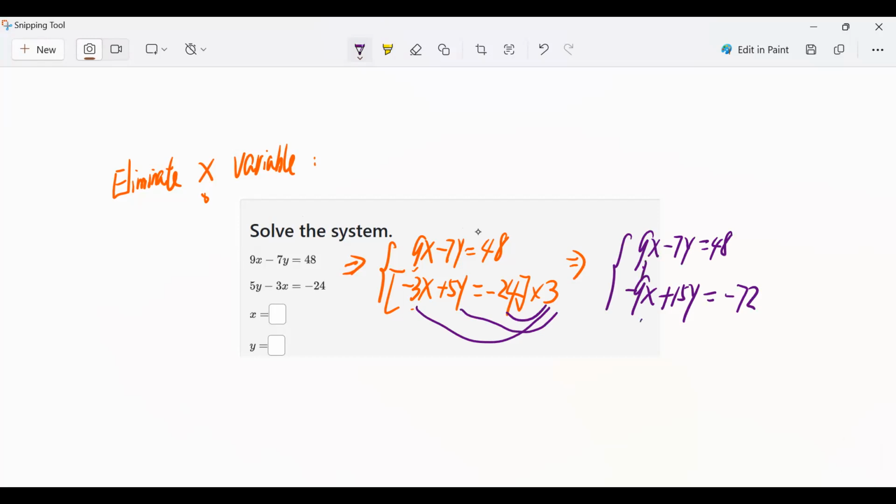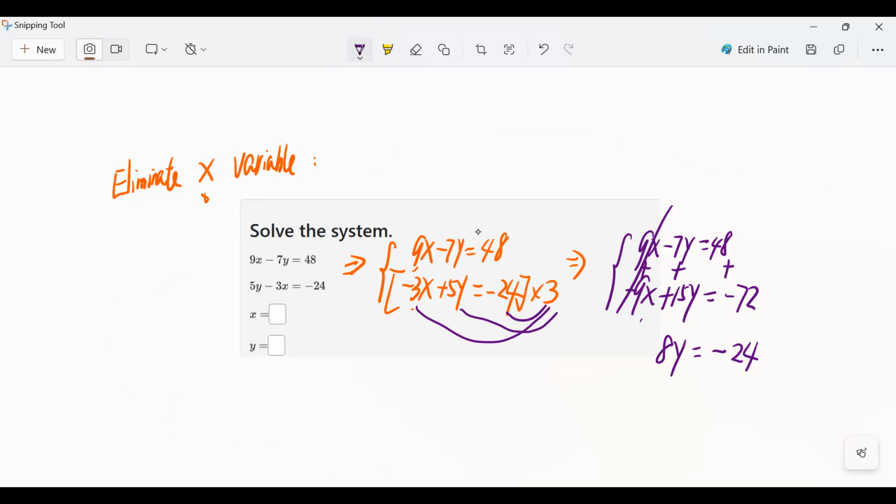If you add them, you offset them. So add the two equations: 9x plus minus 9x is 0. Minus 7y plus 15y, that's 8y. And then 48 minus 72 is minus 24.